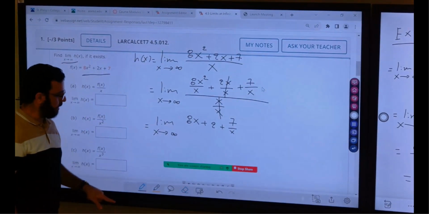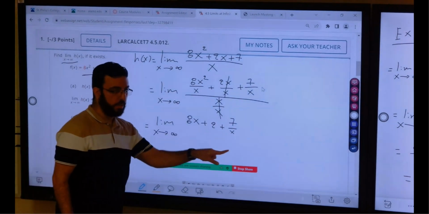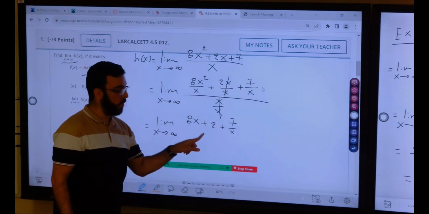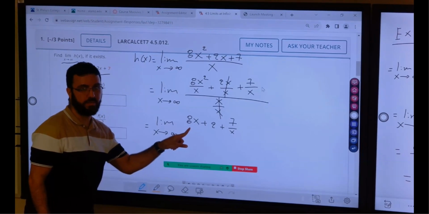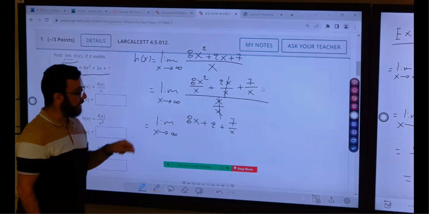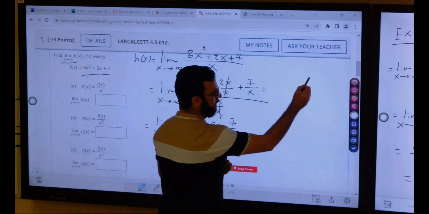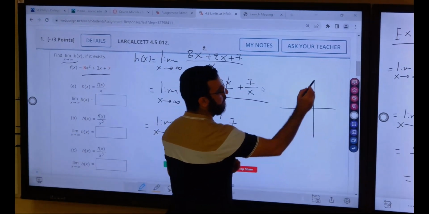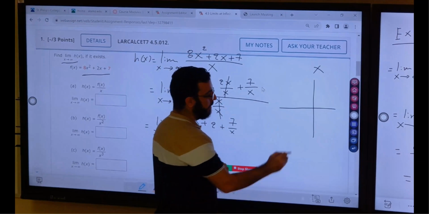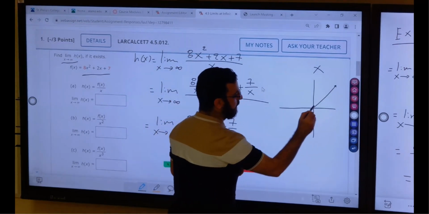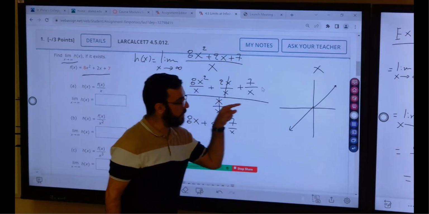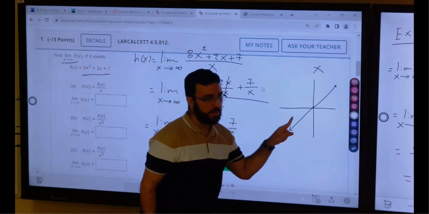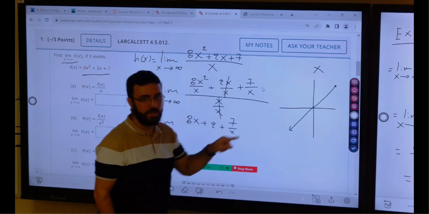Now tell me, this is 0. A constant is still a constant. What about 8x? The limit goes where? For the x function, this side goes like this, and this side like this. Now we go into positive infinity, because the limit is infinity.